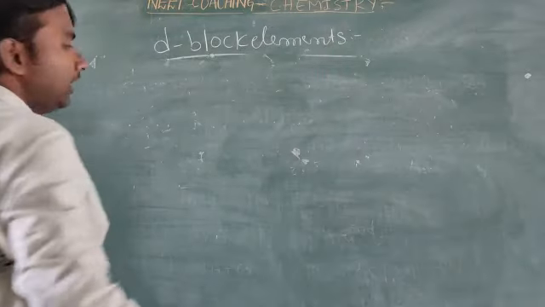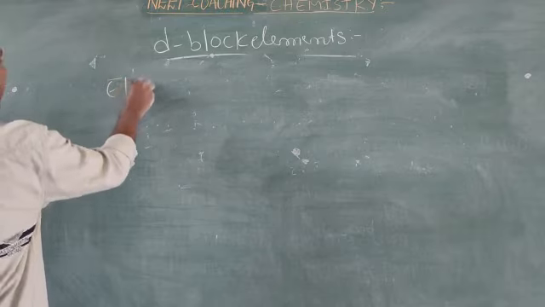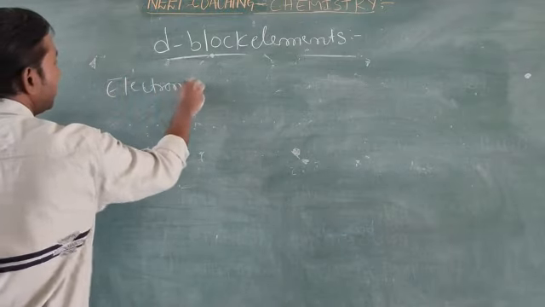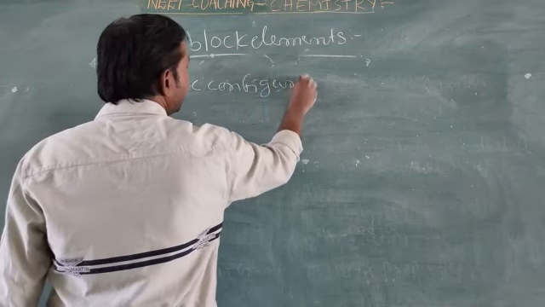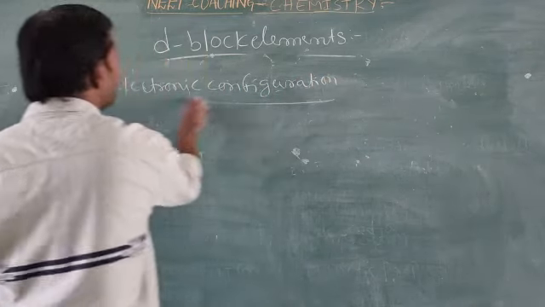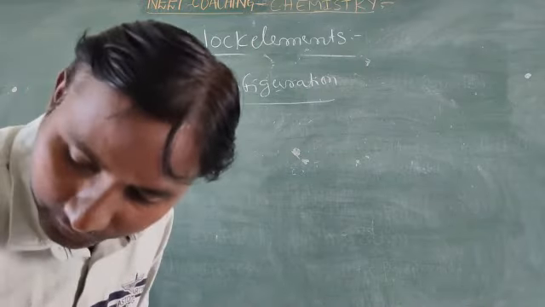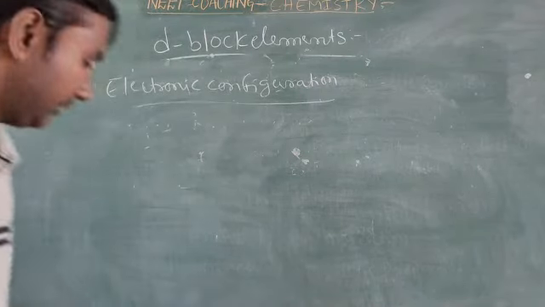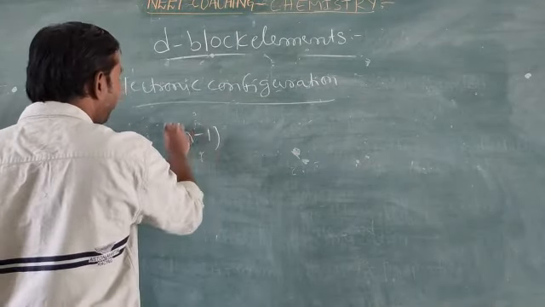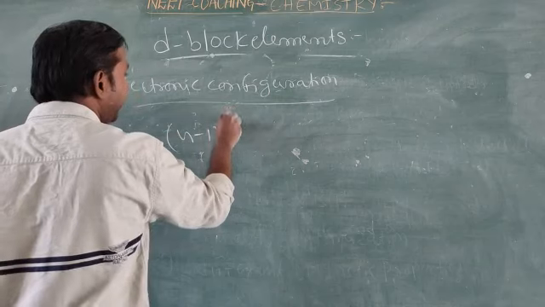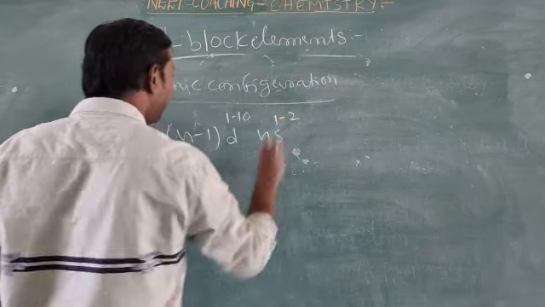Next, electronic configuration. First, the general electronic configuration of d block elements. General electronic configuration: (n minus 1) d 1 to 10, ns 1 to 2.